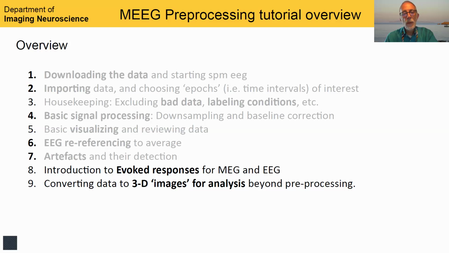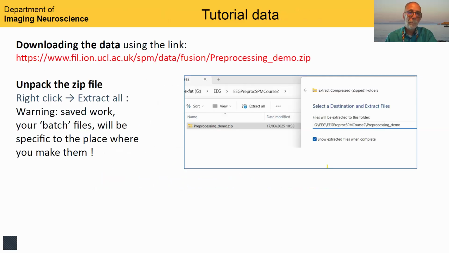And finally, we're going to convert our data to so-called images, which are 3D data sets that are suitable for statistical analysis beyond pre-processing, which is hopefully what you want to do with this pre-processing.